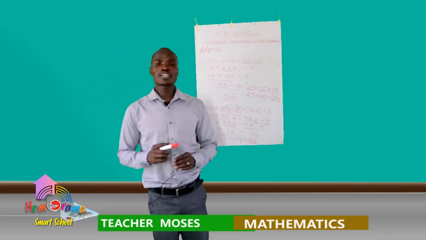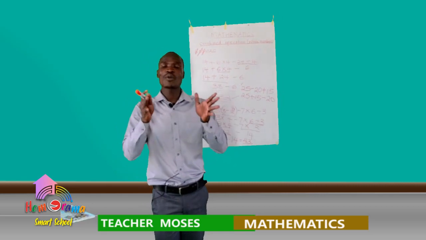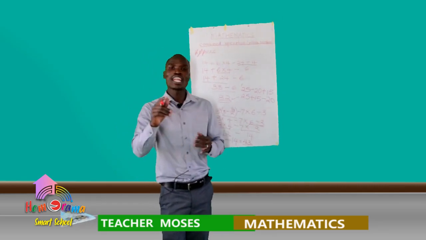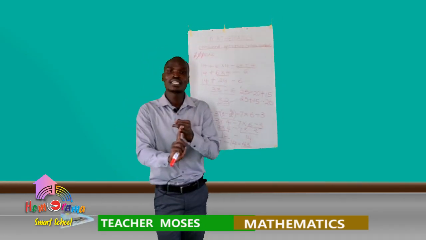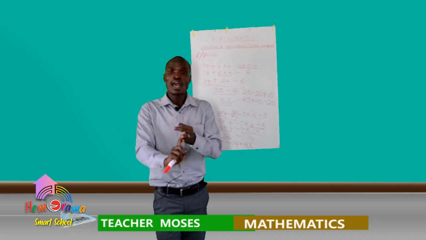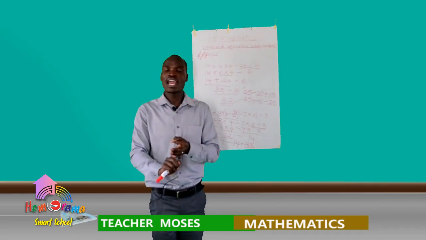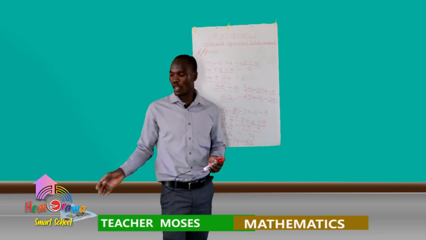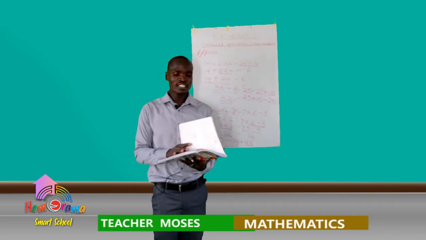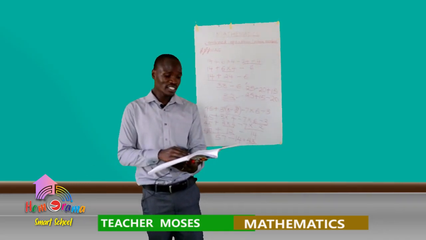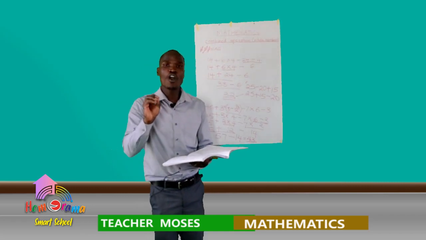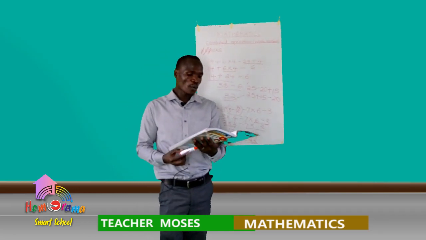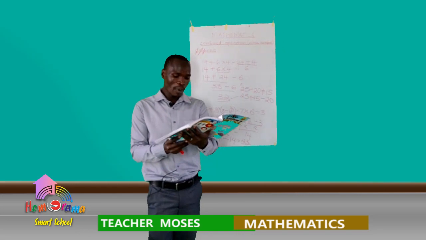So now, I'm going to give an exercise, and in the exercise, ensure number one, you look at the speed, you be accurate, and you be neat. And so we are going to have question number one. I said I'm going to give only 4 questions.